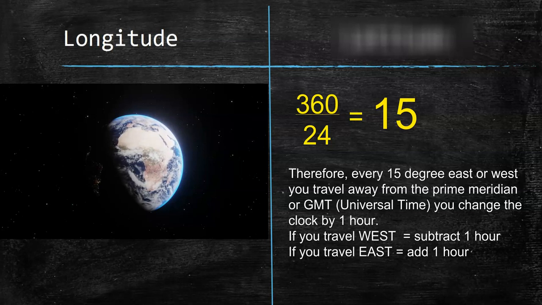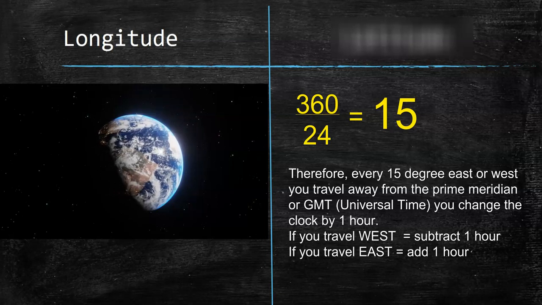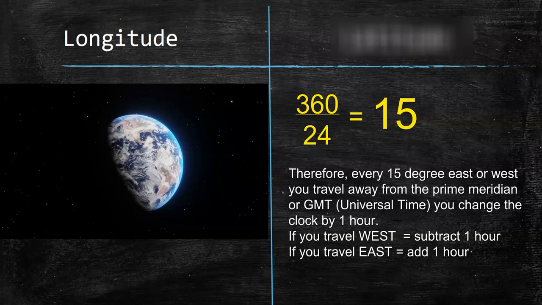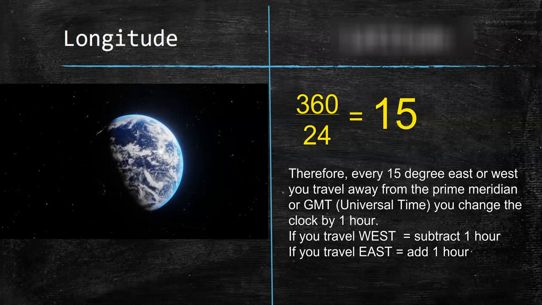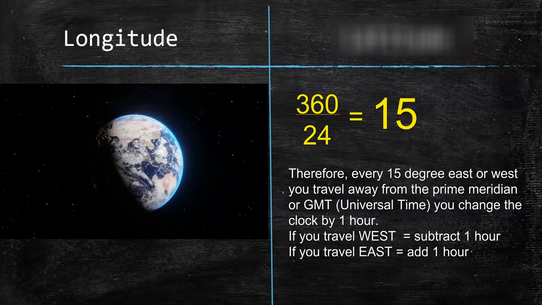So if you start in London on GMT time, which is 0 degrees longitude, and go 15 degrees east, so you're in Europe, then you're going to be an hour ahead. Anything east means adding hours. So if it's 12 noon in London, then anything 15 degrees east in Europe will be around 1 p.m. Or let's say you travel west and fly to New York from London.